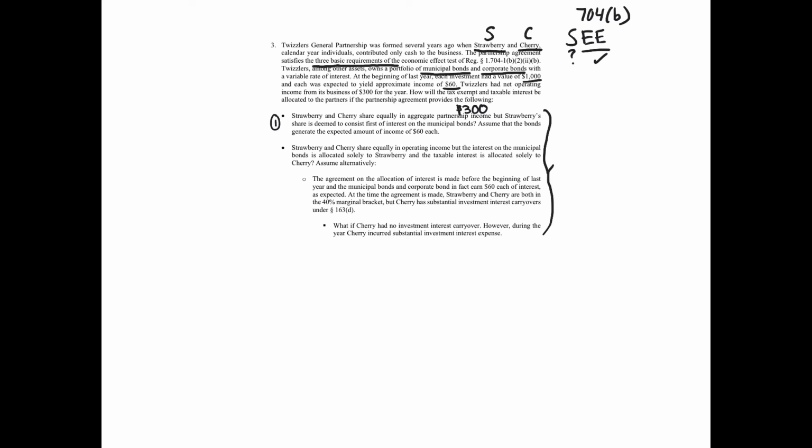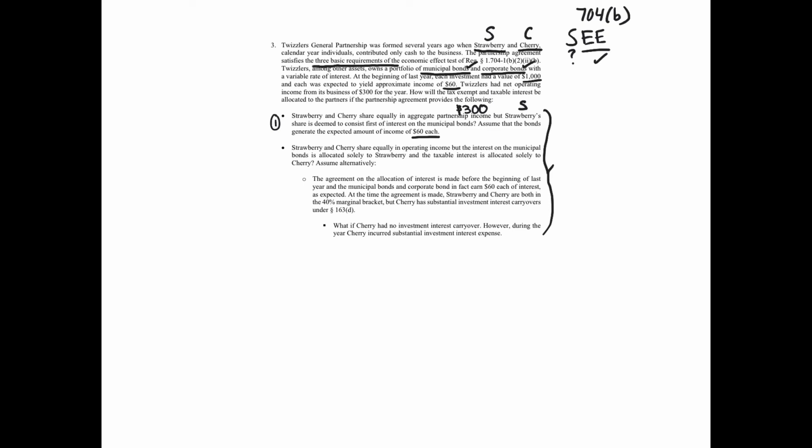So we have the $300 of business income, and that's going to be shared equally. But then we've got the $60 of interest each from the municipal bonds and corporate bonds. We're told that Strawberry's share, which we can denote as S, is deemed to consist first of the interest of the municipal bonds.